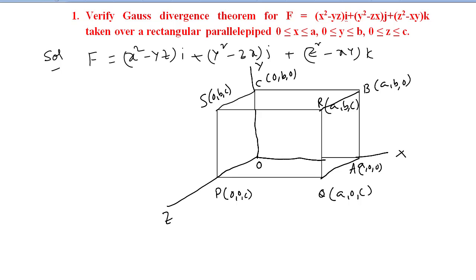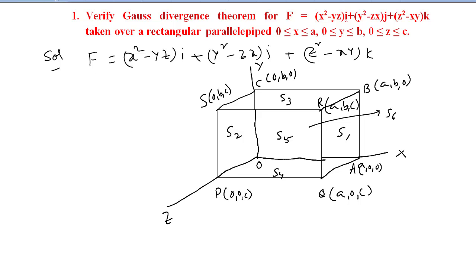We have a total of 6 surfaces: S1, S2, S3, S4, S5 front, S6 back side.